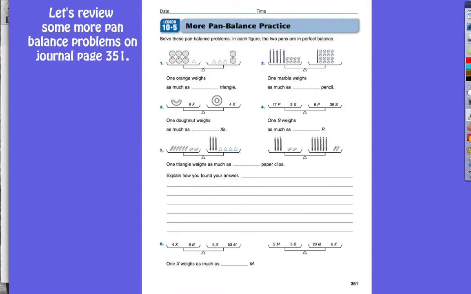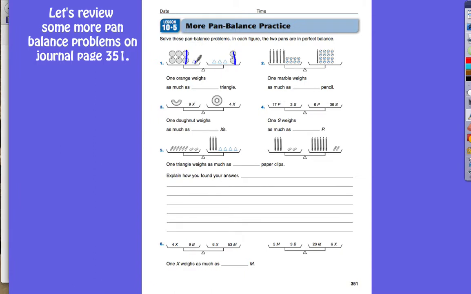All right, now we're going to go ahead and do a little bit of a review from a couple lessons ago on pan balances. Remember, we always want to make sure that one side of the equation is equal to the other. So if we're taking a look at number 1, we want to know 1 orange weighs how much as a triangle. Well, first off, we can get rid of these 2 oranges because there's 1 on each side.